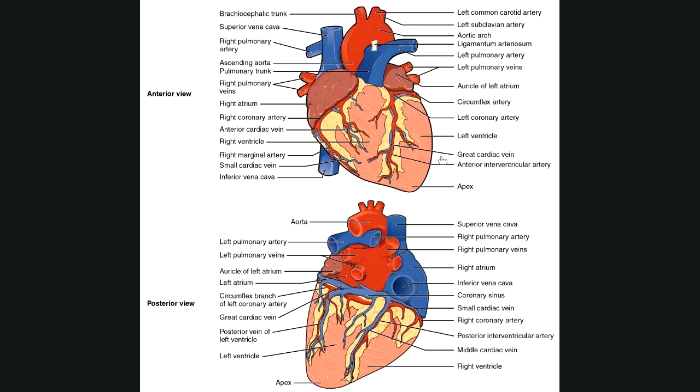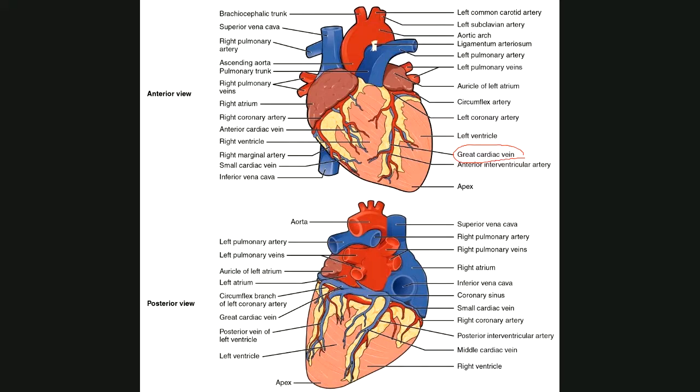It is here, the blue blood vessel which you can see here. This blood vessel, which is located in the anterior interventricular sulcus, is called the great cardiac vein. So let me mark it for you here, the great cardiac vein.